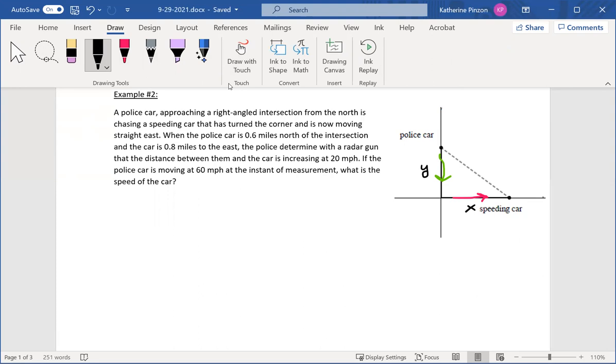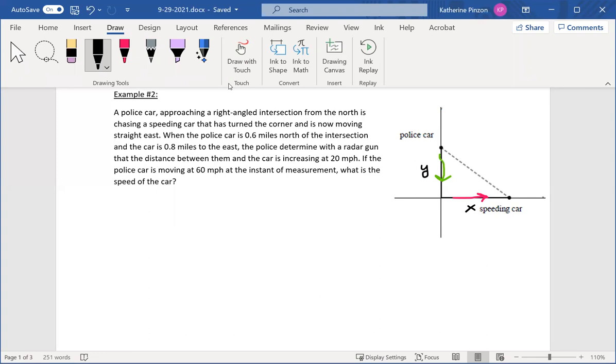What can you tell me about the distance X? Is it getting bigger or smaller? X is getting bigger because he's moving away from the intersection. Yeah. What can you tell me about the distance Y? Is it getting bigger or smaller? Smaller because the police car is moving toward the intersection.